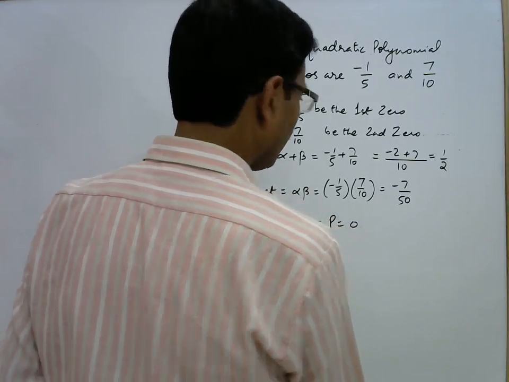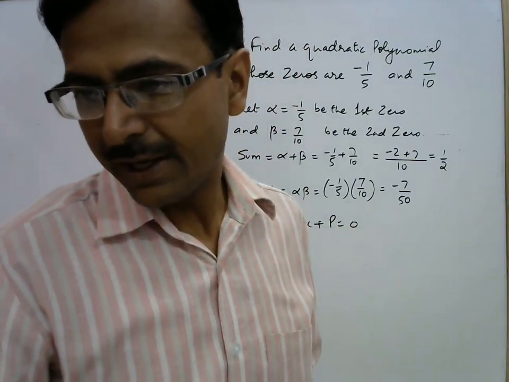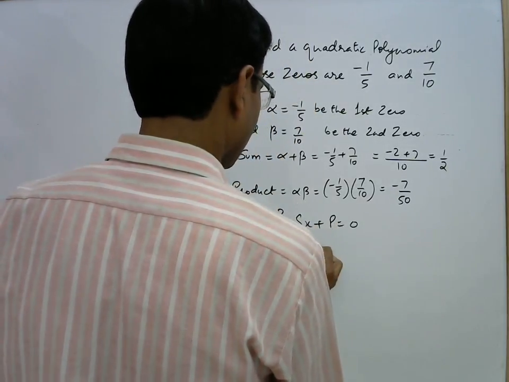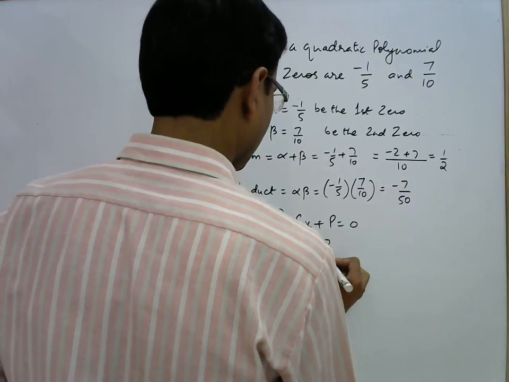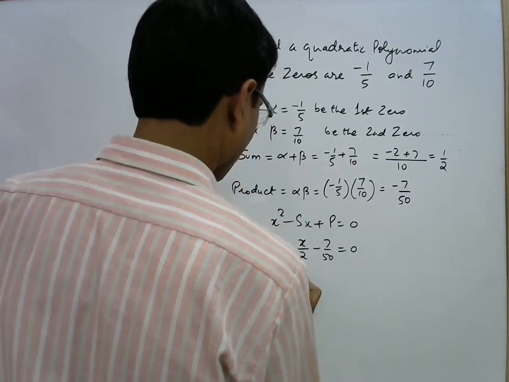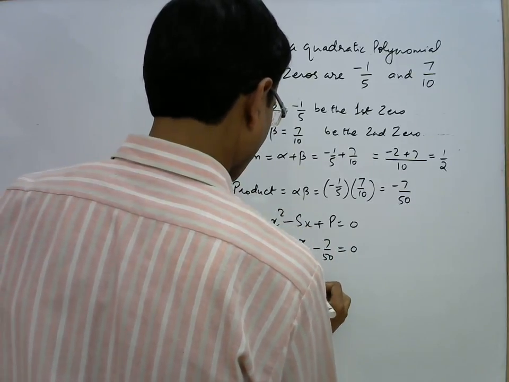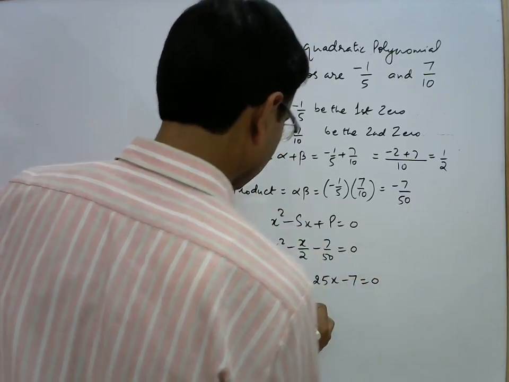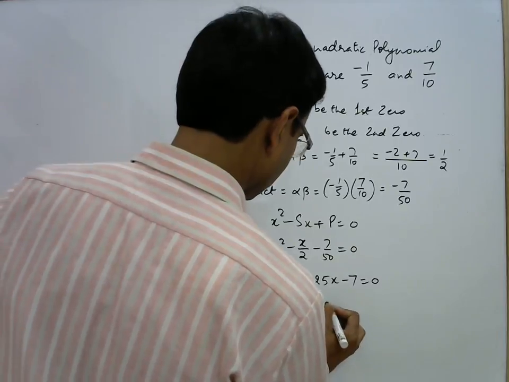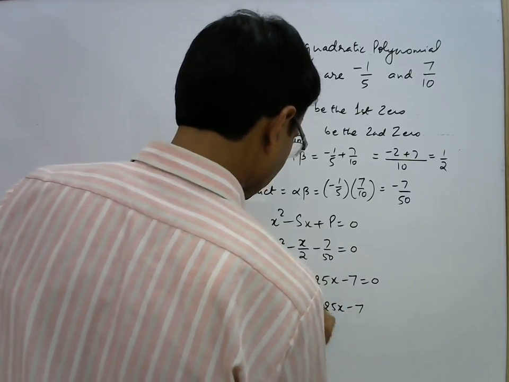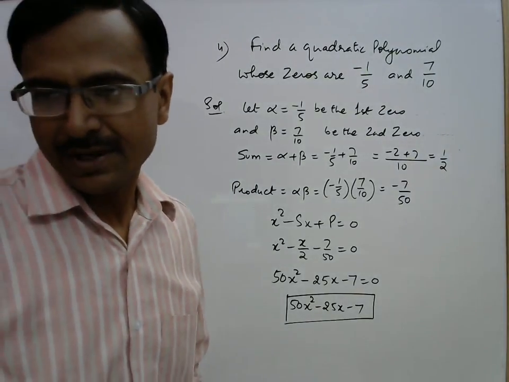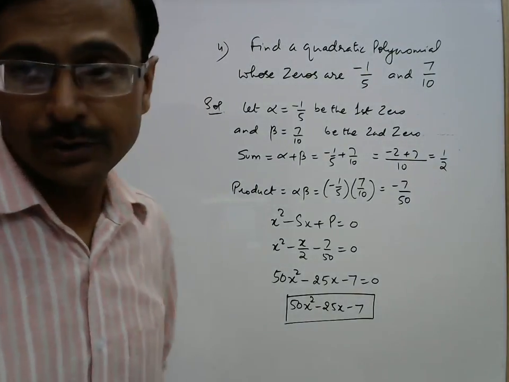I'm just solving it on the board. In the meanwhile, I already have some answers. So let me just tally. So many answers I've already got and I've solved it on the board.